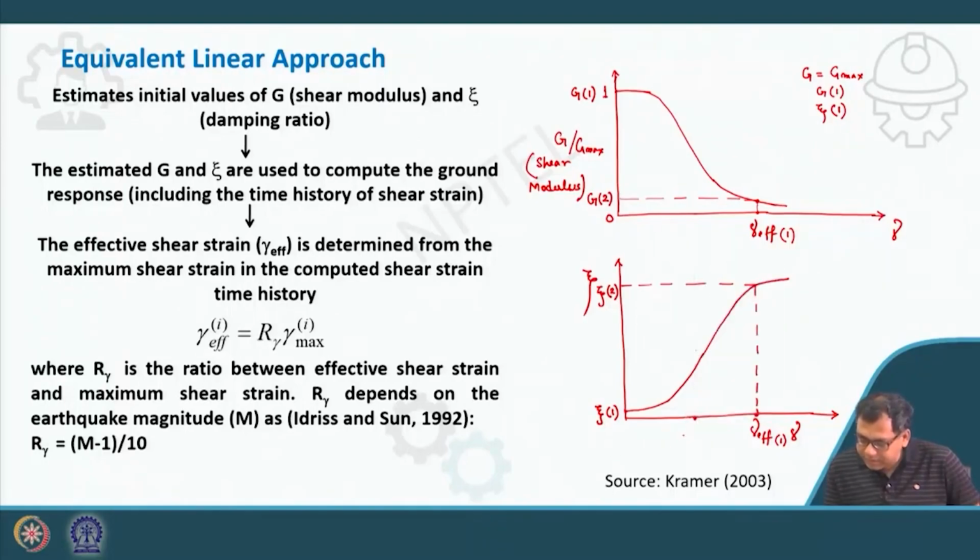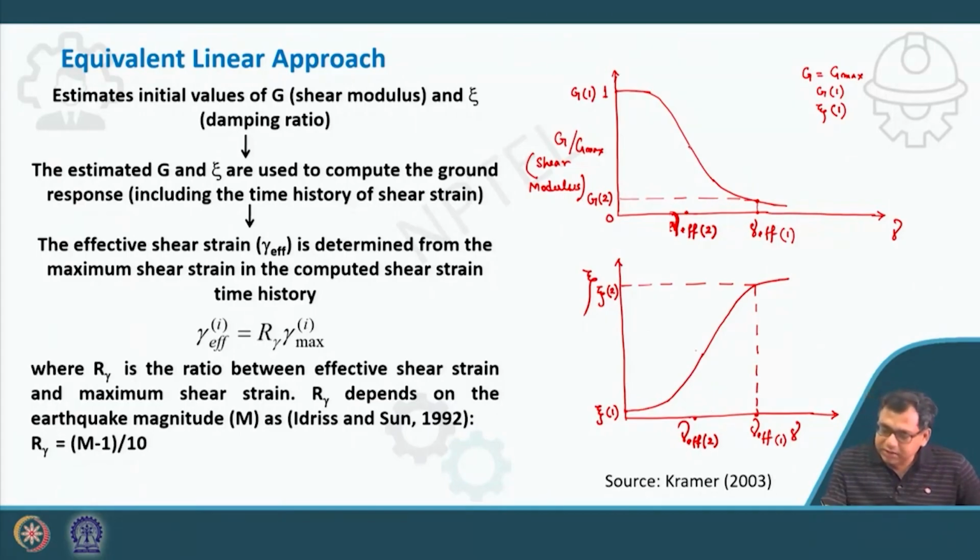So this is my effective shear strain 2. But I assumed in the second trial this was the effective shear strain, and after the iteration I am getting the new effective shear strain here. So they are not matching, there is a difference.